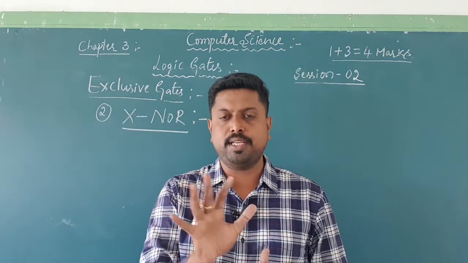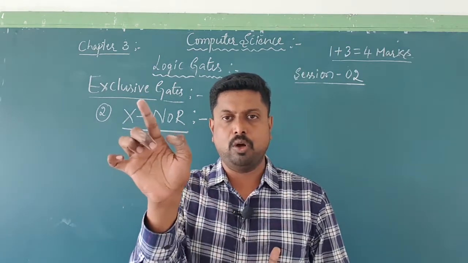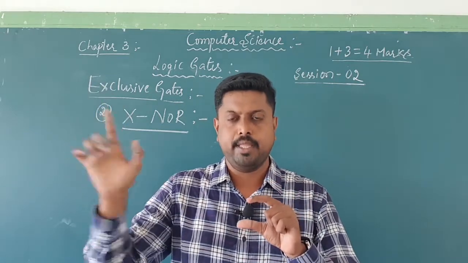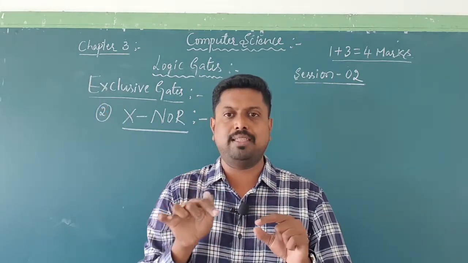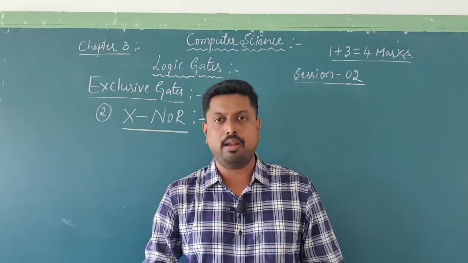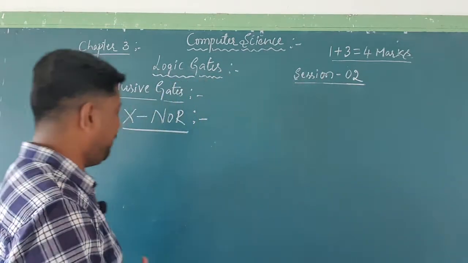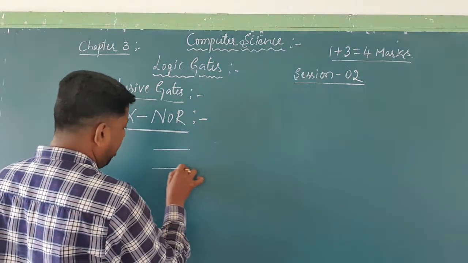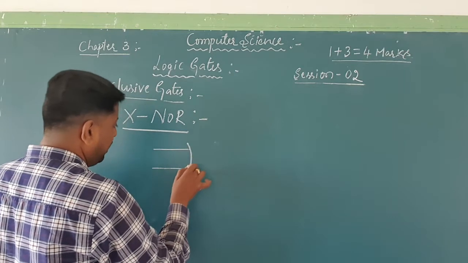Both input signals being the same means either 0 0 or 1 1. Only in that condition is the result 1. In the other cases, the 0 1 and 1 0 combinations, the result is 0. That is what we call XNOR. I will show you the symbolic representation for the XNOR. It looks like an XOR, but with a slight difference.